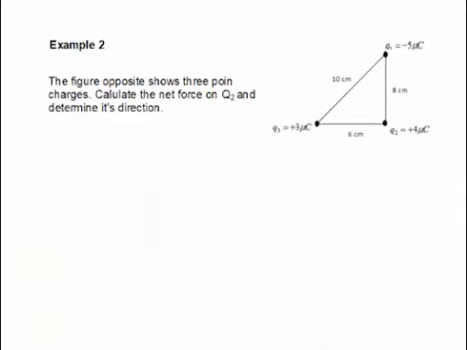Now in this example we are still calculating the force exerted by two charges on a third, but they are not on the same line. They are forming a triangle. Here the figure opposite shows 3 point charges, Q1, Q2 and Q3.